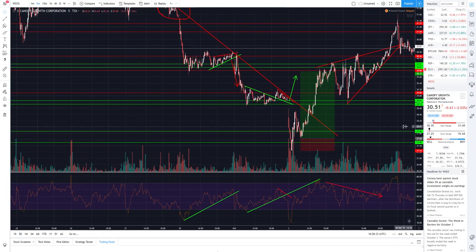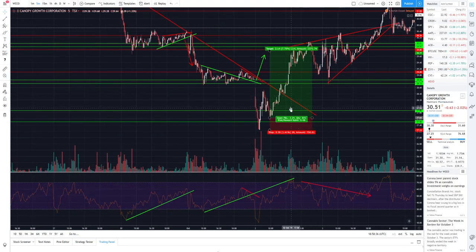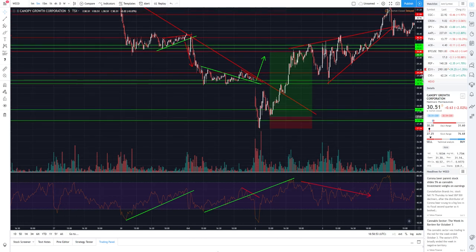So that's the big one. So if you were targeting this level, which was a good retest level, honestly, your risk to reward was 5.9. So obviously another amazing setup.